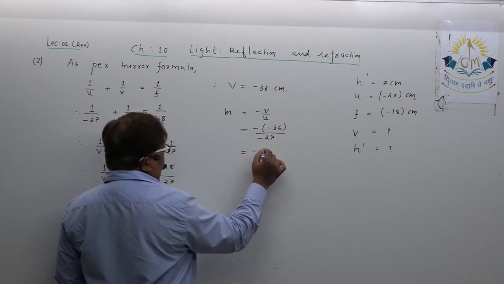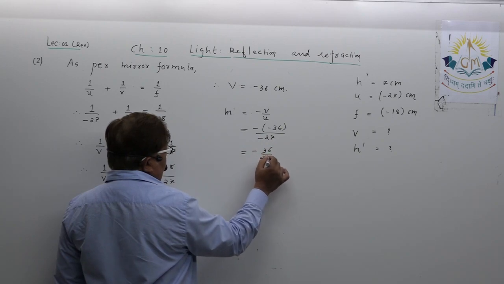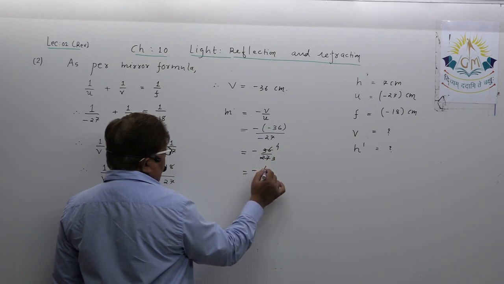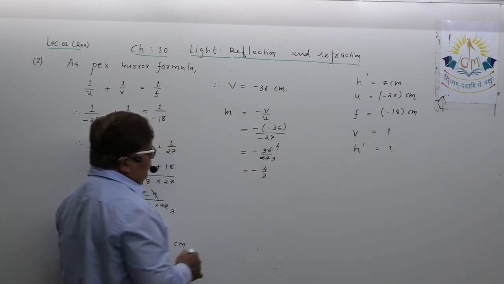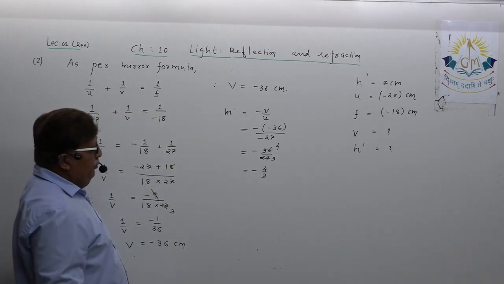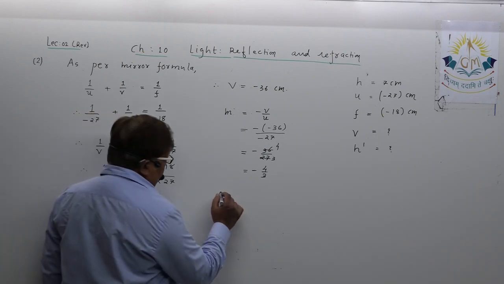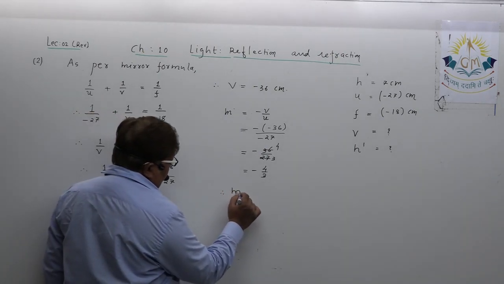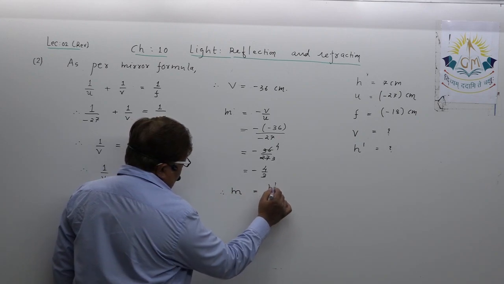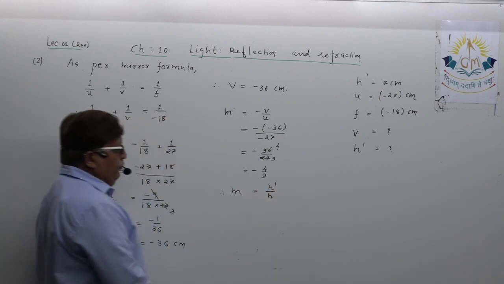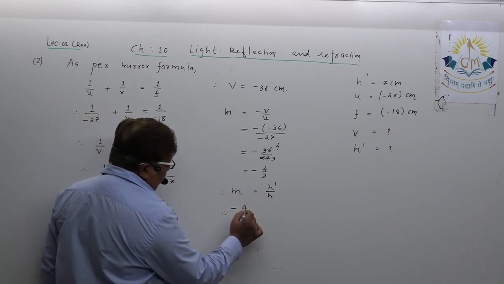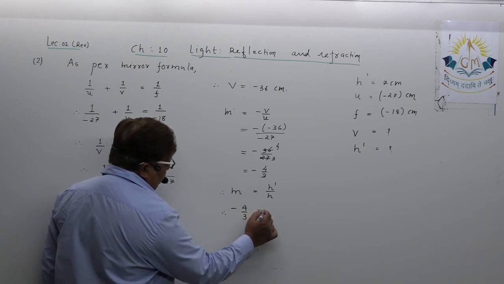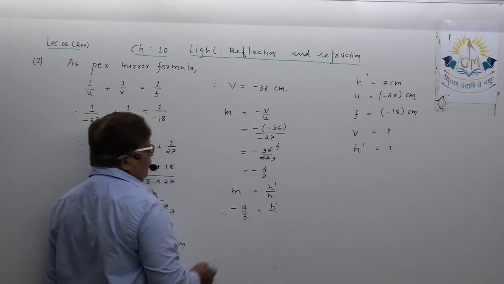Overall, it is going to be negative only. 9 4 ja, 9 3 ja. M turns out to be minus 4 upon 3. After you got m, you are looking for the height of the image. m equal to h dash upon h. What is m you got? Minus 4 upon 3. h dash you are looking for.